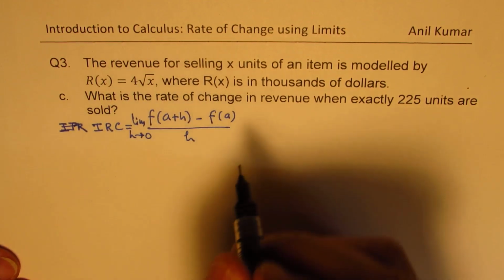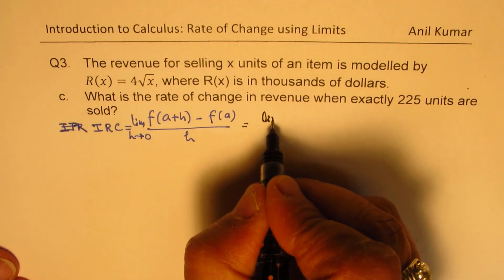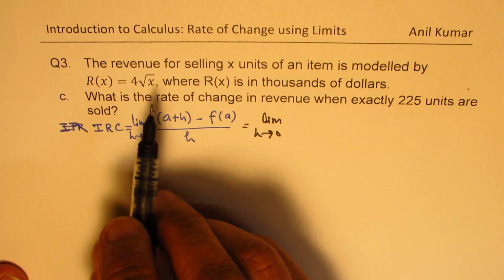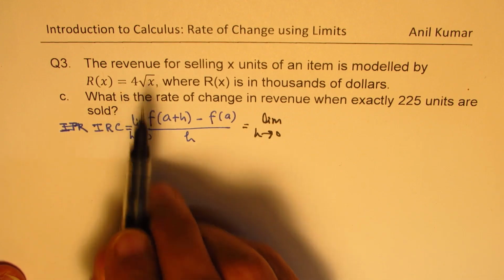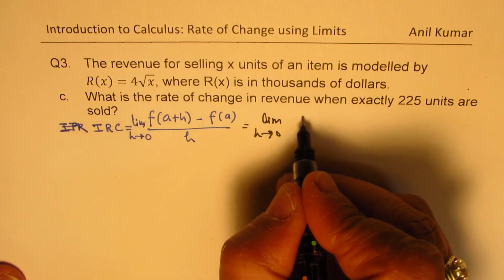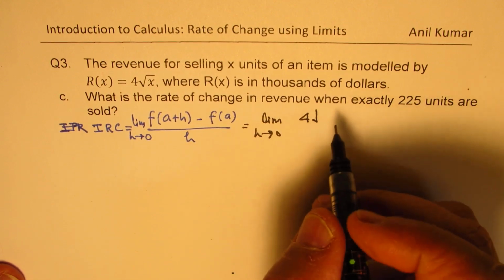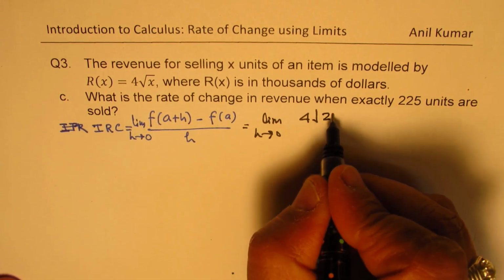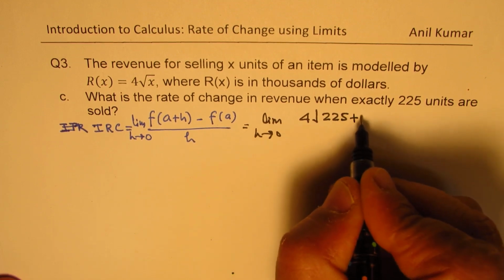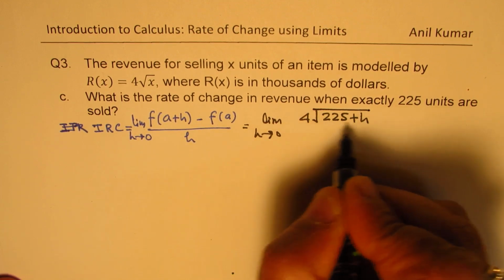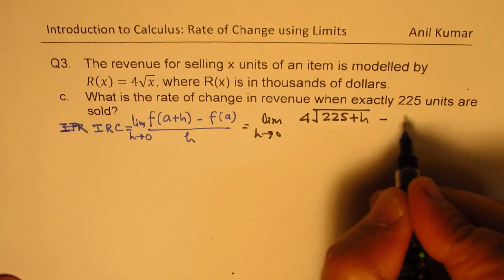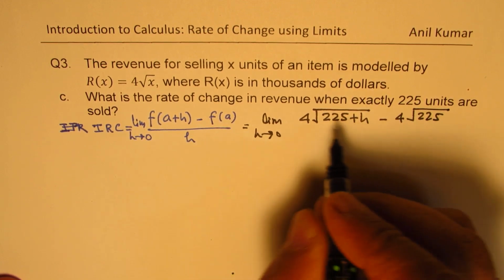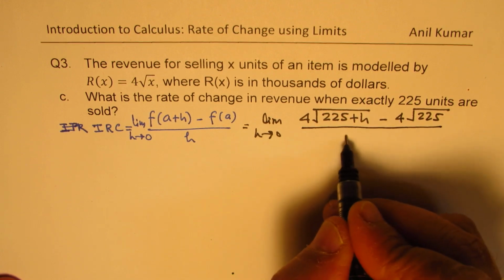Now substituting the values, we get limit h approaches 0, f of a plus h. The function is 4 square root of x. So 4 square root of 225 plus h, right? So a is 225, minus 4 times square root of 225 over h, right?